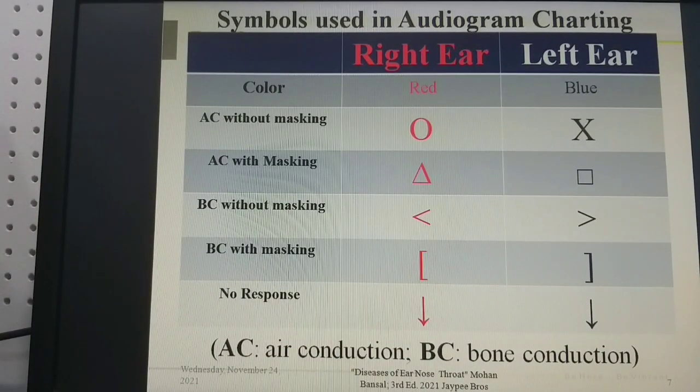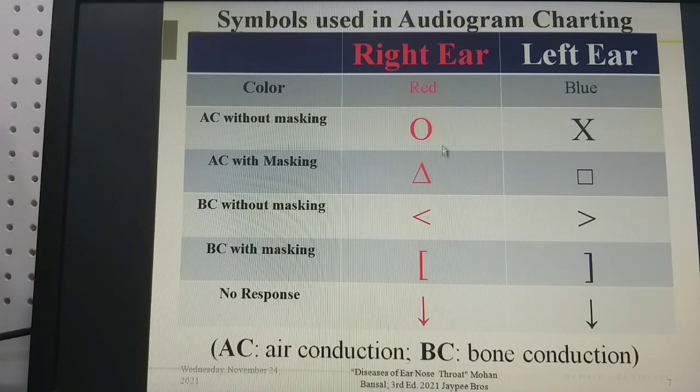Now before reading the audiogram, you should know about certain symbols and this color coding, because we are taking graphs for the right ear, left ear, air conduction and bone conduction. All these points are depicted separately in the form of symbols. In the right ear, always we will take the red color.